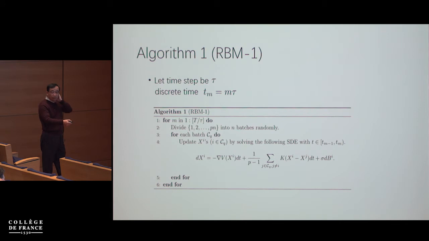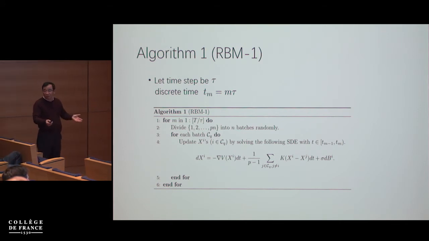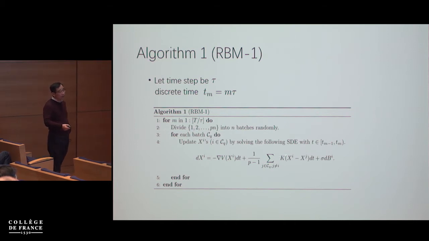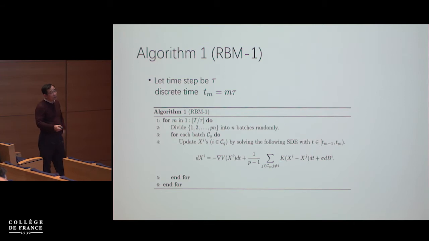It's like after you play a card game, you just reshuffle the deck each time after the game is over. Then what you do is simply replace: before, we had the full N summation, where each particle interacts with all the other particles. You replace that by a p summation. Basically, suppose you have p particles in each group, the particle only interacts within its own group.